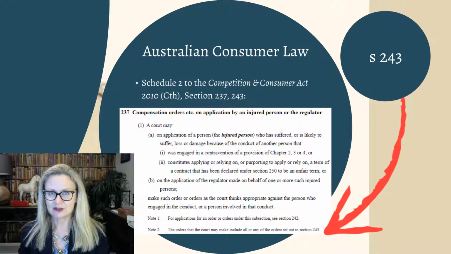Under the ACL, again, this is just a bit of a recap. The remedies for misleading or deceptive conduct under the ACL, you will recall, are found in section 237 and section 243.